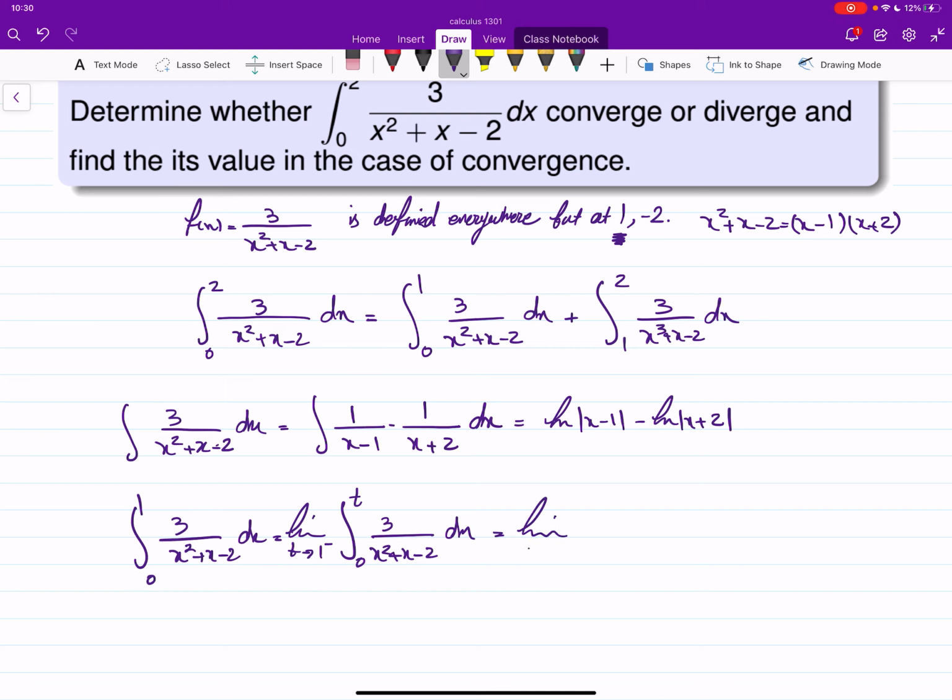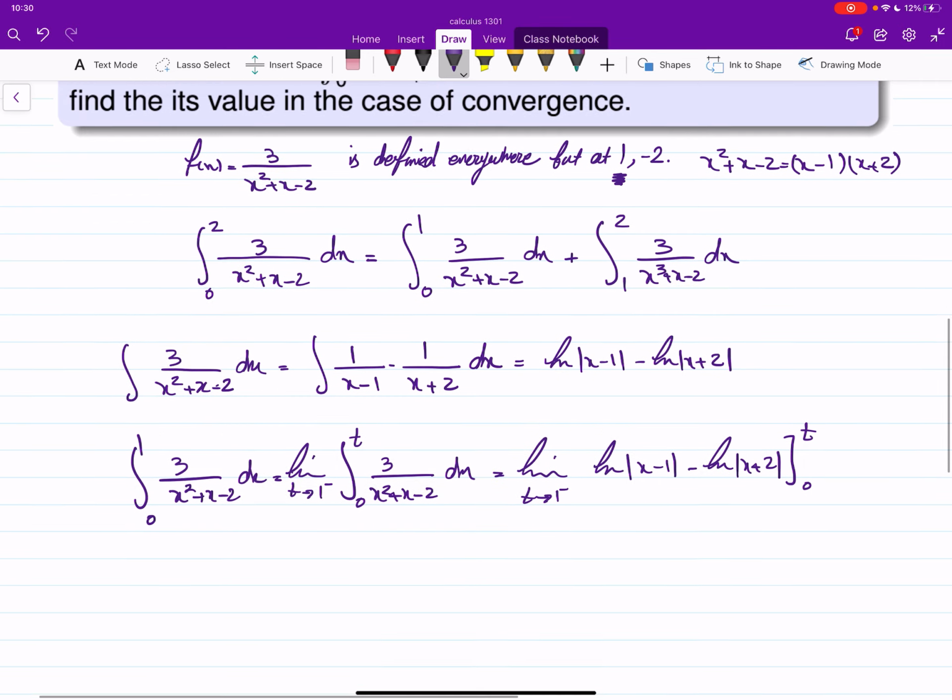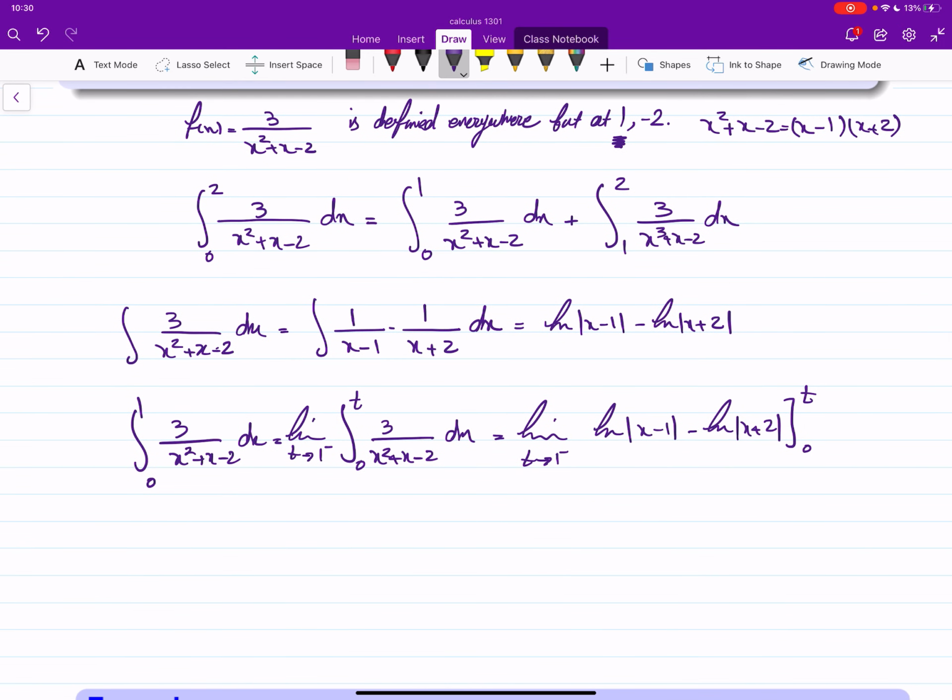This is ln of absolute value of x minus 1 minus ln of absolute value of x plus 2, from 0 to t.